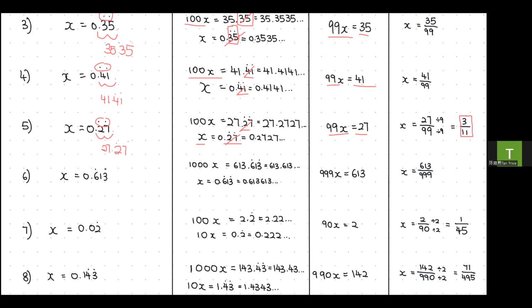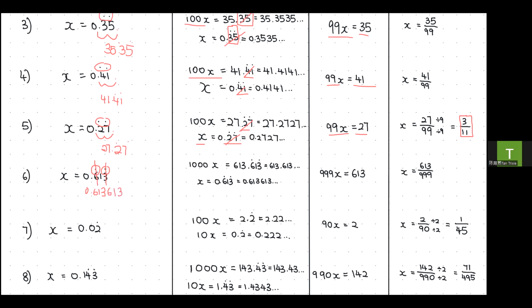Now question 6, x equals 0.613 recurring decimal. Because you can only write two dots on the recurring decimal, write at the first number and the last number that is repeated. So for this question, the recurring decimal will be like this: 0.613, repeating from 6. The 1, although it does not have a dot, also needs to repeat because it's in the middle.